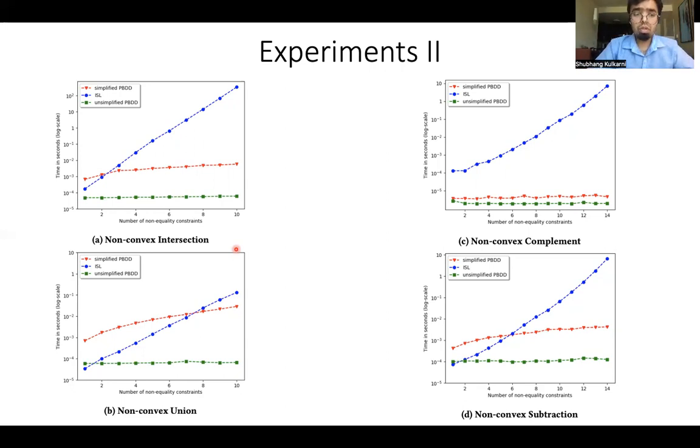So we plot the number of non-equality constraints on the x-axis with the time on the y-axis, and we find that in each scenario, the PBDD representation performs much faster than the ISL representation. In particular, the complement is also just constant time.